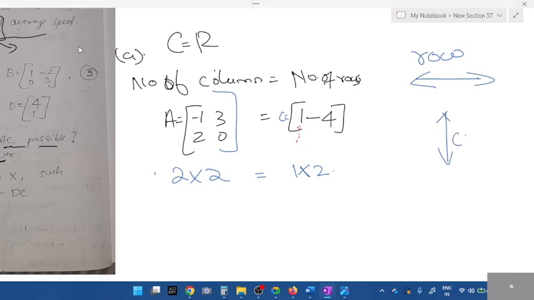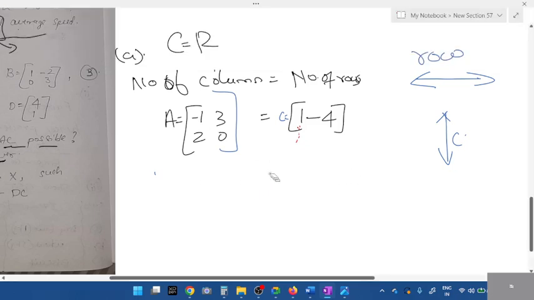Vertical. Column is vertical, students. Sorry, I made a mistake. Row is horizontal, column is vertical. Here, how many rows does it have? 2 rows. 2 into how many columns does it have? 2 columns. So you're supposed to write row first, column next. See, this is row and this is column. R into C is equal to. On the second one, how many rows does it have?